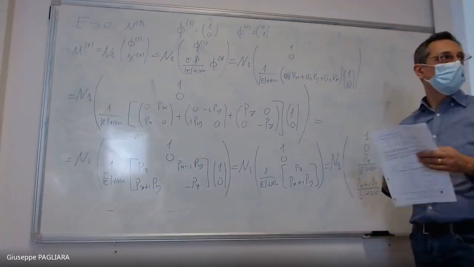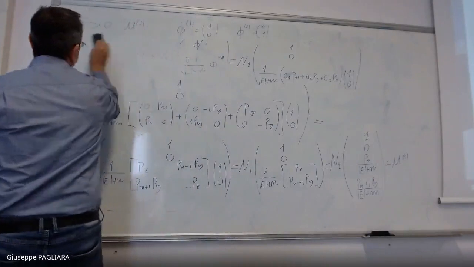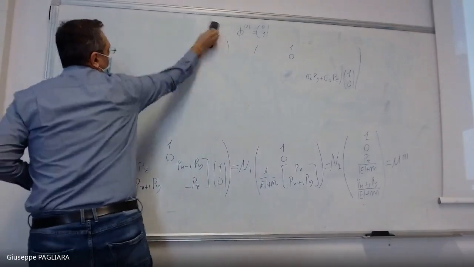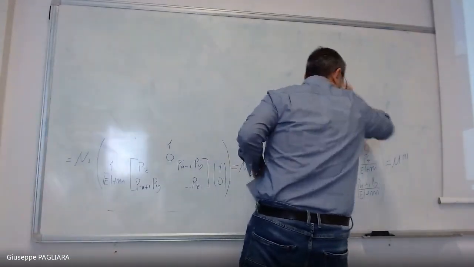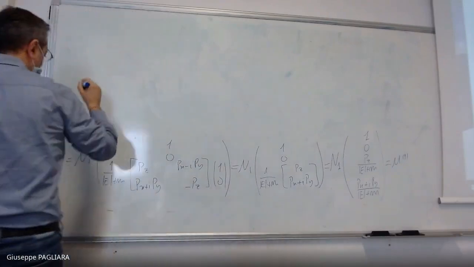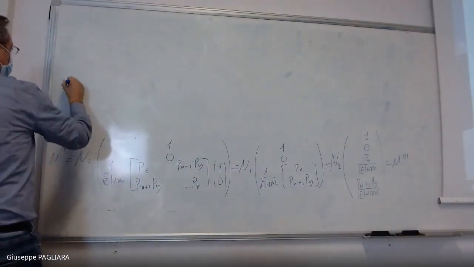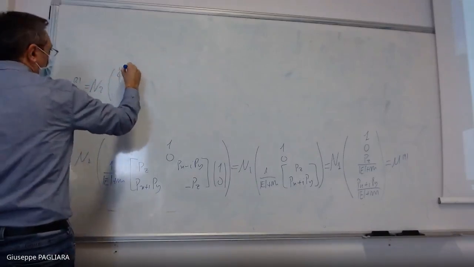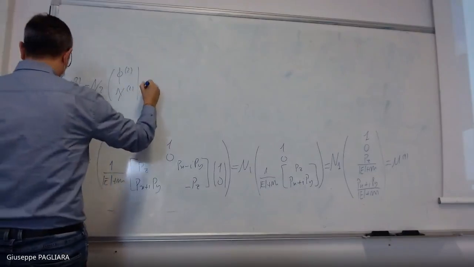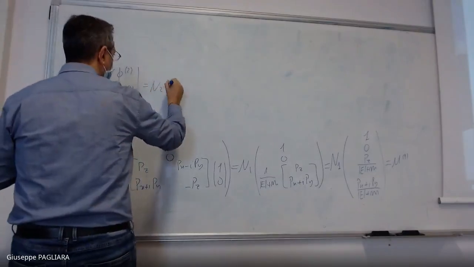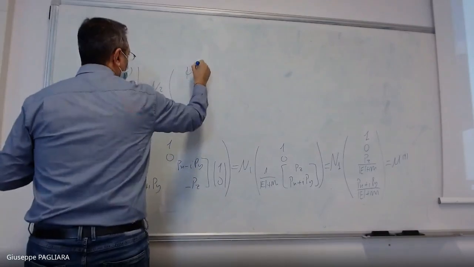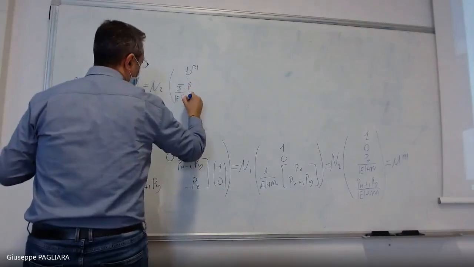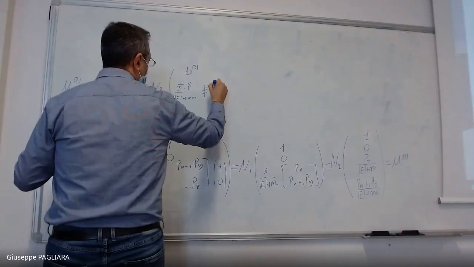One can do the same exercise for U2, of course. Let me just give you the solution. We will not go through the passages again. Acting the same way, for U2 you would find N2 times (phi 2, chi 2), where chi 2 is sigma dot p divided by E plus m, times phi 2.